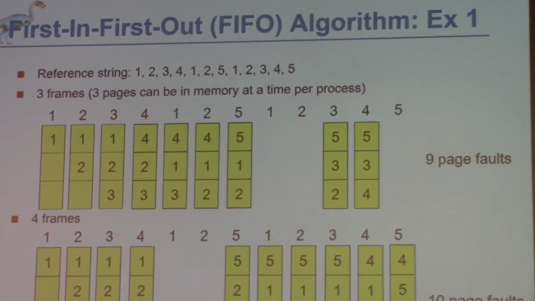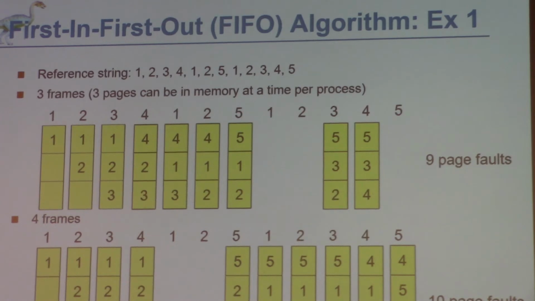As I briefly introduced, the first algorithm is based on first in, first out. Which means when you determine the victim page, which one will be the victim? The oldest one will be the victim.